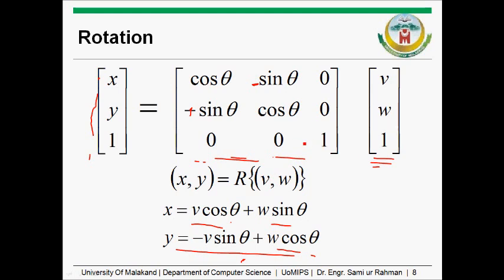So I might have made some mistake in the previous trigonometric identities as far as the symbols are concerned. But that is not the problem. The basic concept is the same. These are just symbols. Clear?